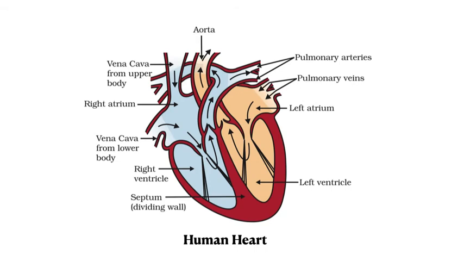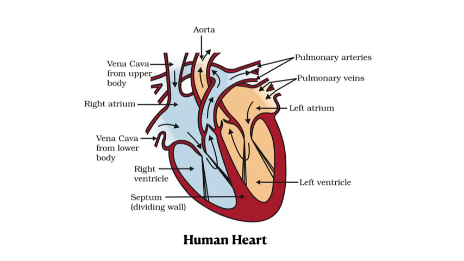So vena cava is the vein which brings deoxygenated blood from all parts of the body except lungs. Now this blood goes to right ventricle. You just see the arrow. From right ventricle, the deoxygenated blood goes to lungs through pulmonary arteries. So pulmonary arteries are the arteries that carry deoxygenated blood from heart to lungs.